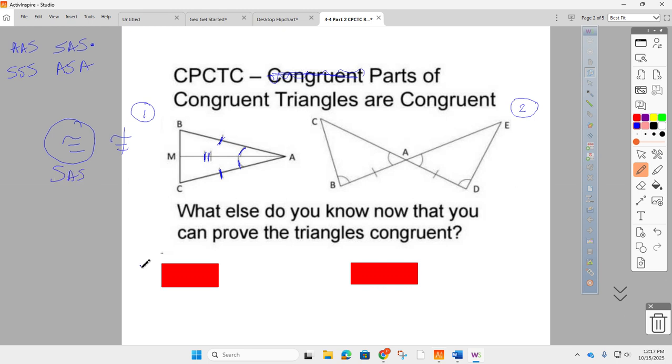Right? So if we know that these 2 triangles are congruent, now we know all of their parts are congruent. So we're going to list the other sides and the other angles that we know are congruent. So we know 2 of the 3 sides in both triangles are congruent. So what is the side that we can now see that's congruent? What's the side that we have not marked congruent up here?